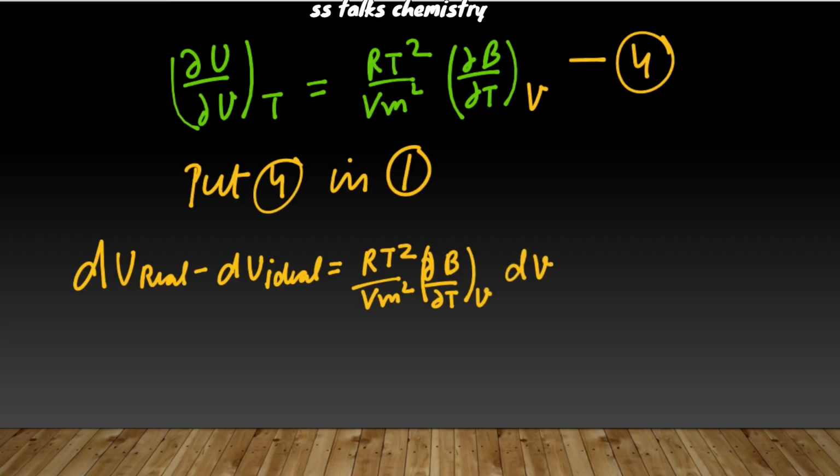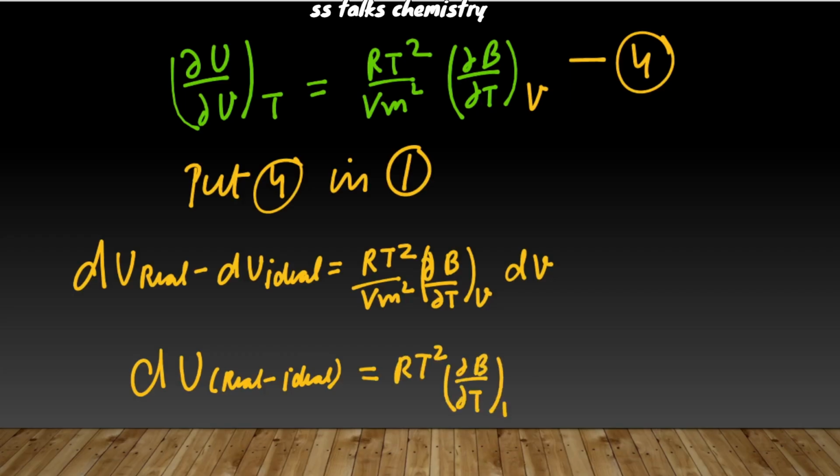So this is equal to RT square into del B by del T at constant volume into 1 upon the Vm square into the dV.